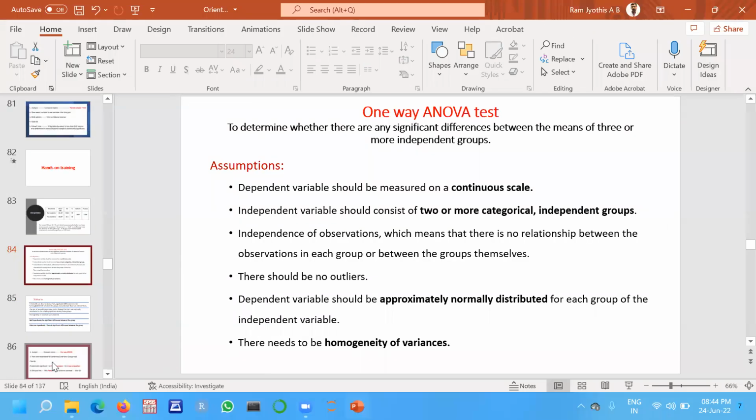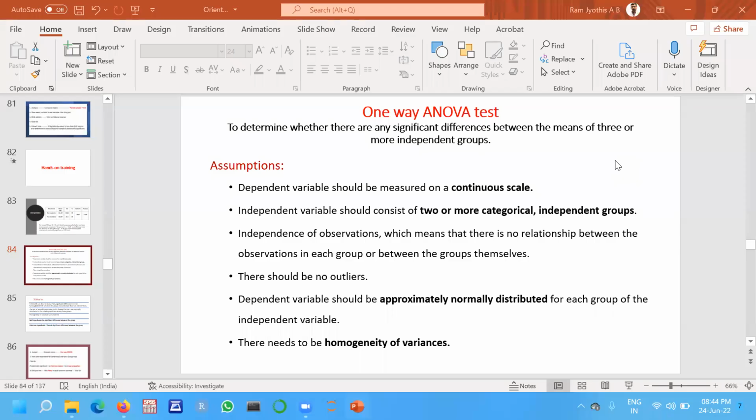One-way ANOVA. So what is a one-way ANOVA? There are some replies in the chat box. Let me see. Yes. Now, what is the significance of one-way ANOVA?